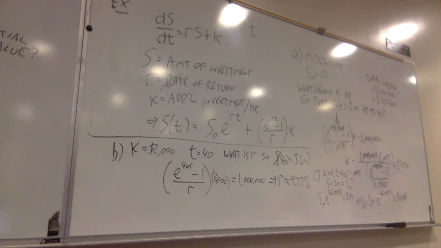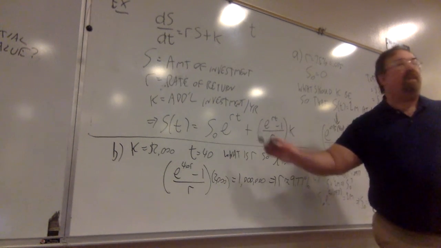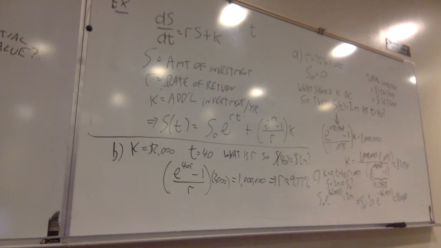So same rate of return over about 40 years. You can either put down 20,000 at the beginning, or you can put in 2,000 a year over 40 years, with 80,000 your total outlay. And either way, you get 1 million at the end. The reason why this amount is so much less is because now all of that is experiencing exponential growth over 40 years.